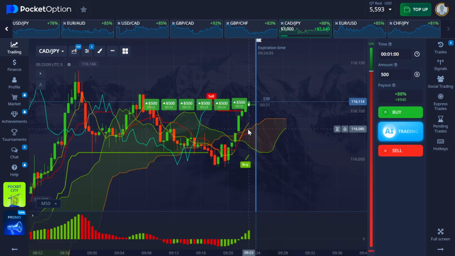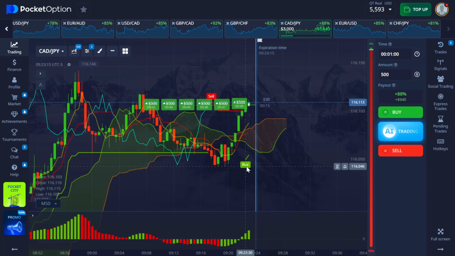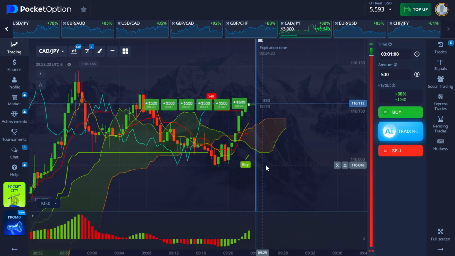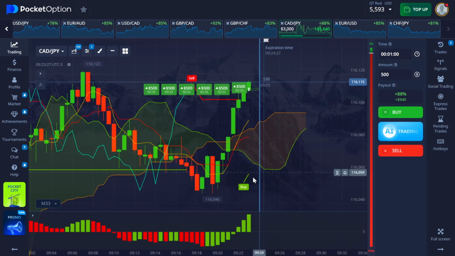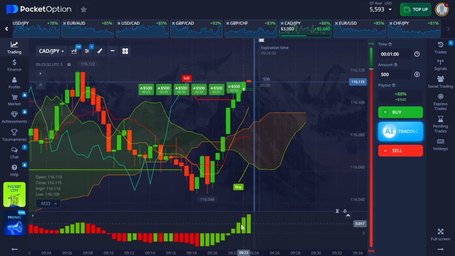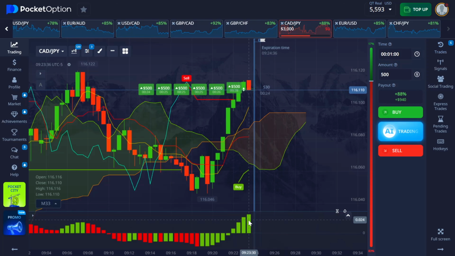This is a very beautiful trade because I see how strong the momentum is on the buyer's side. Also, the Super Trend just formed, so I know that the buyers are very active now based on everything I'm seeing here. And if you take a close look at the Awesome Oscillator, you will see that each Awesome Oscillator candle becomes bigger than the previous one.